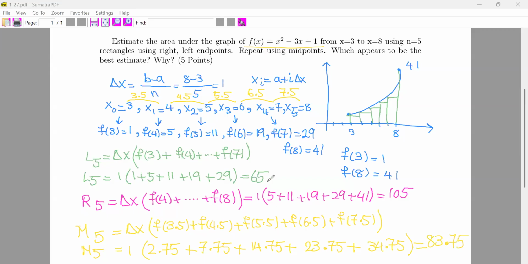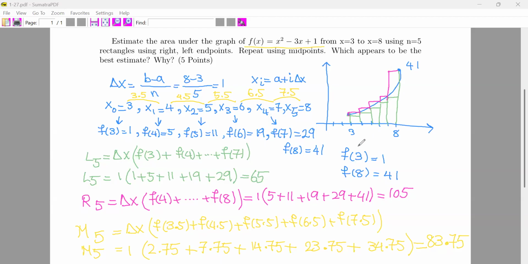So which one appears to be the best estimate? For the green lines, we are underestimating because we used left endpoints and this function is increasing. For the next one, we are overestimating using right endpoints, as you see here.